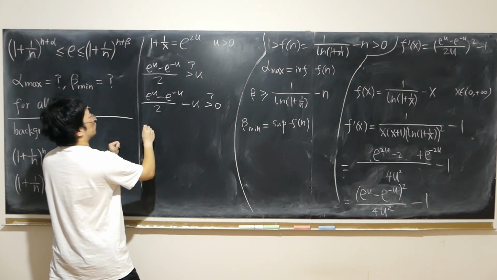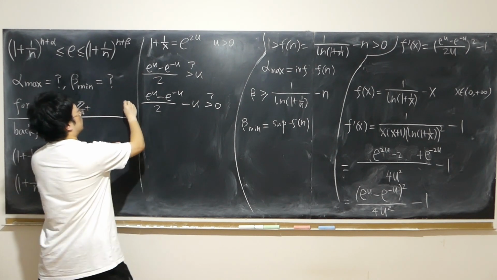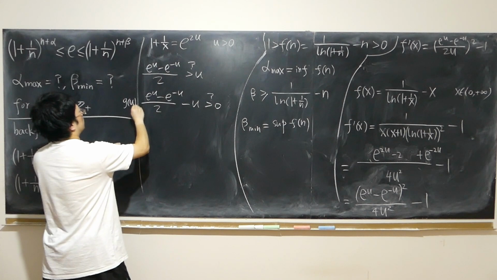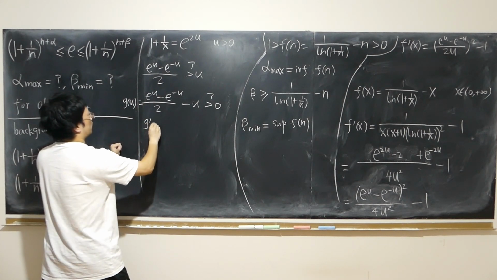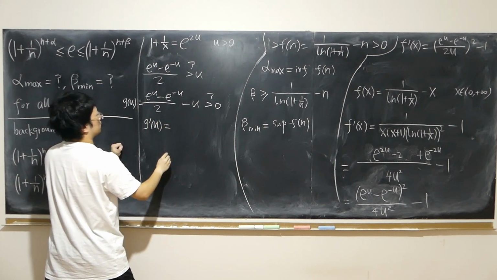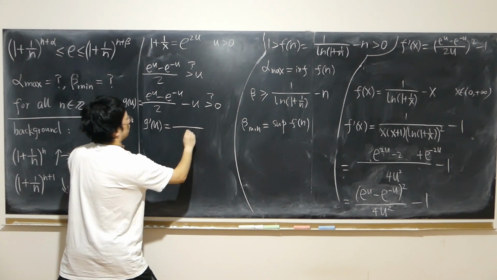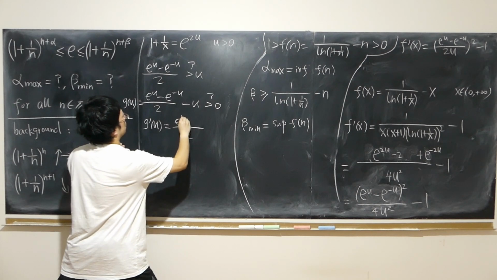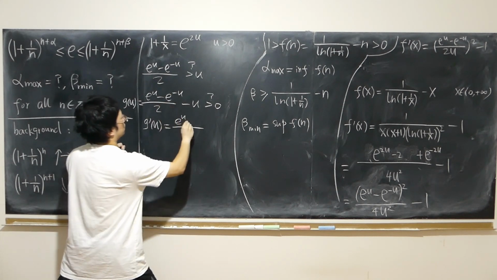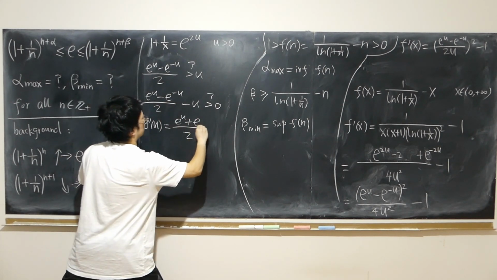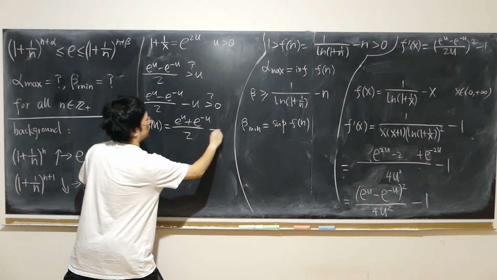So all I have to look at is g of u. So g prime of u, what's its derivative? So half of e to the u plus e to the negative u minus 1.